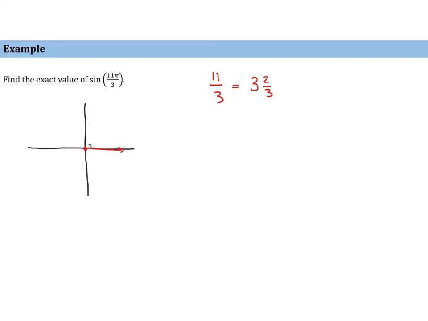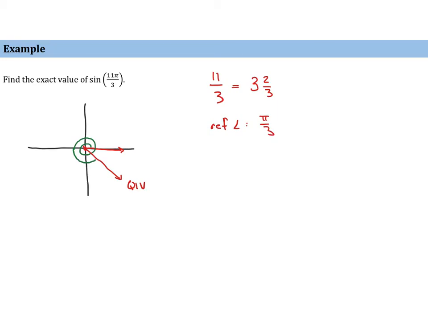So let's sketch this to determine the quadrant. 1 pi, 2 pi, 3 pi, and then 2/3 is past a half. So this is in quadrant 4. And we know that the reference angle for 11 pi over 3 is pi over 3.